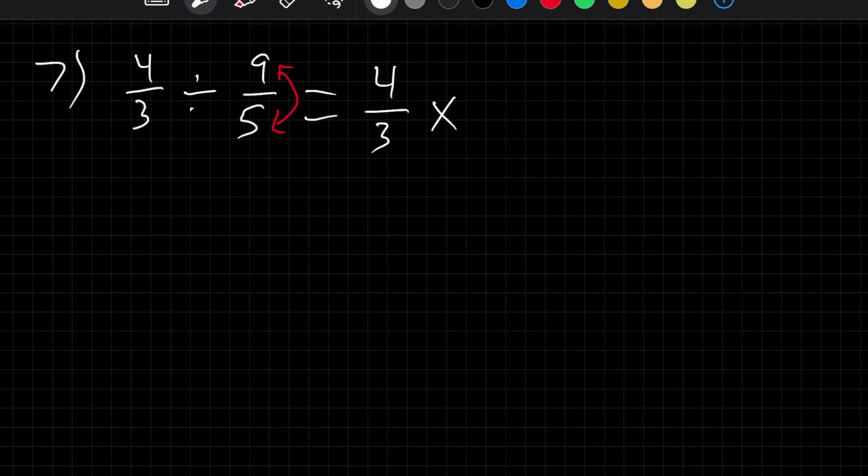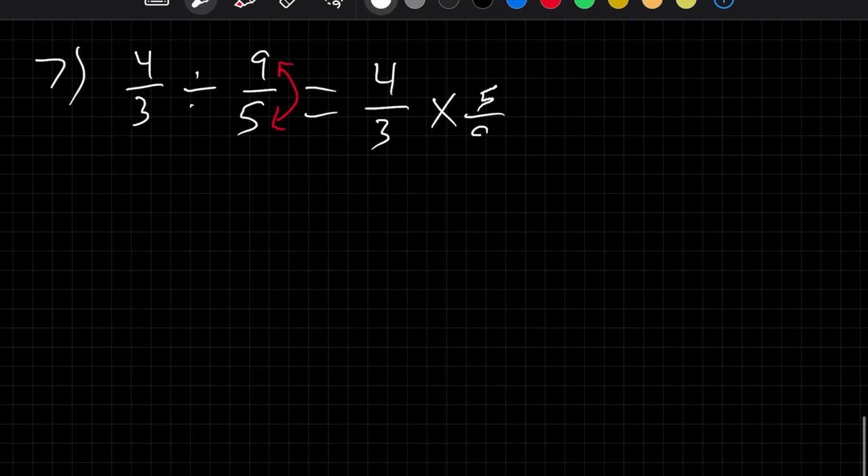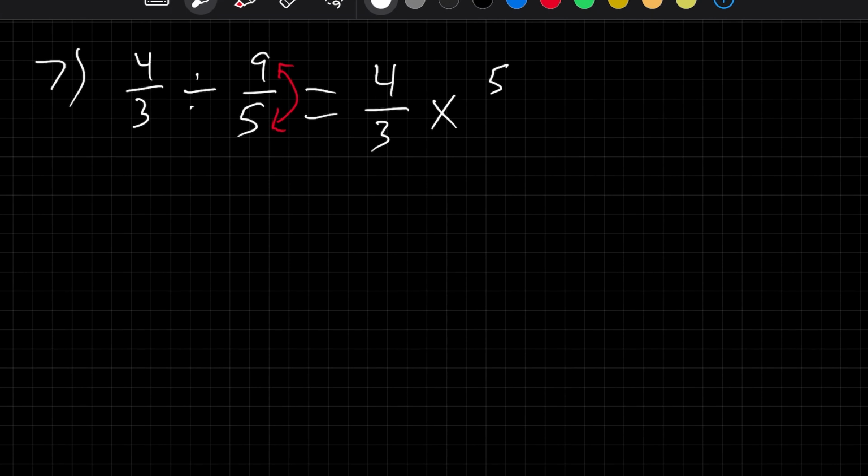And the reason why is we're going to flip the numerator and the denominator. So this is going to be the same as 5 over 9. That was terrible writing there. And I apologize if you hear baby number 3 crying. Alright, so 4 times 5 is 20. And then 3 times 9 is 27. So the answer is 20 over 27.